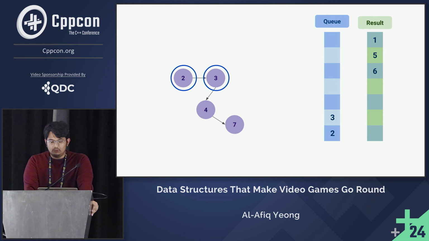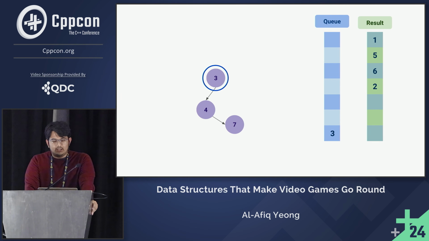We pop 2 from the queue, add it into the result buffer, and then iterate through the graph, remove any incoming edges from vertex number 2. In this case, it will be 3. And now that 3 no longer has any incoming edges, we add it into the queue. Move over to the next iteration.